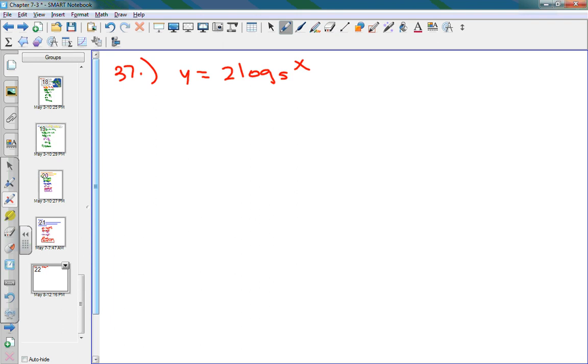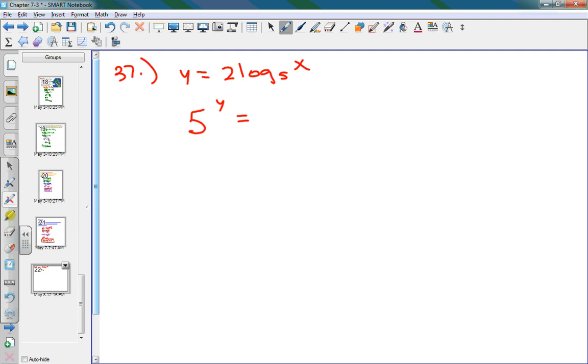Well, do our brains work better in exponentials or logarithms? Exponentials. So if I write this as an exponential, what? 5 to the y is equal to what? What is x? Oh, wait, what does the 2 do to it?